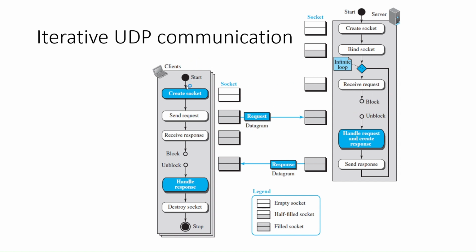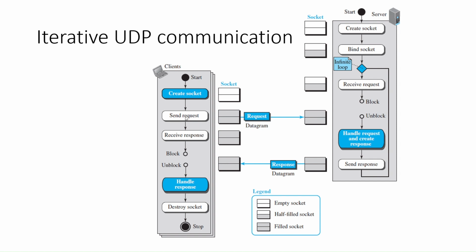Now the client starts, it creates a socket, and then it creates a send request and sends it. This will have the socket address, which will be the server's IP address and the port number to which it is bound. This will be sent here, and when the server receives the request from the client, it gets unblocked, handles the request, generates the response and sends it.